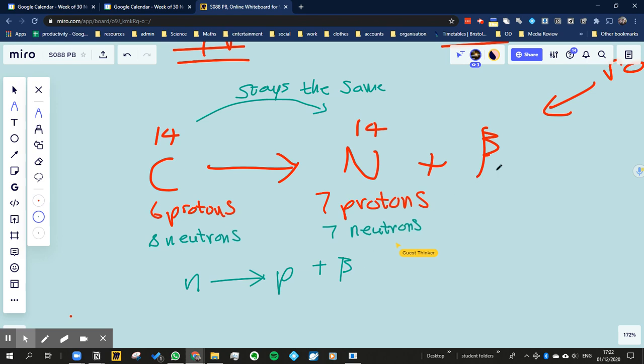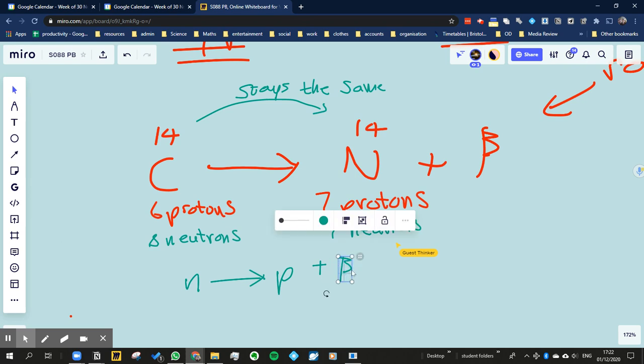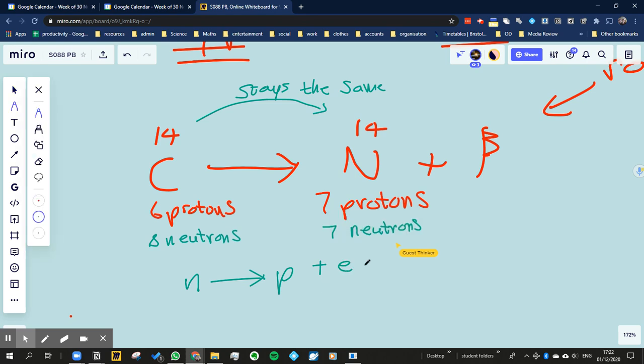But this beta particle, when we look at it a bit more closely, we find out that the beta particle is an electron. So we'll do a little minus sign there, usually for electrons.